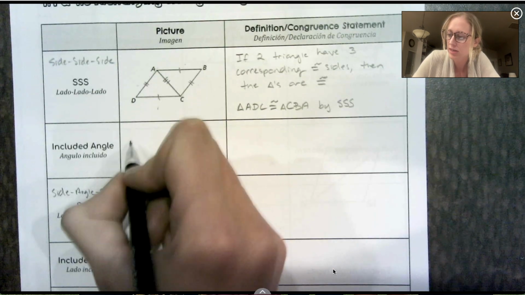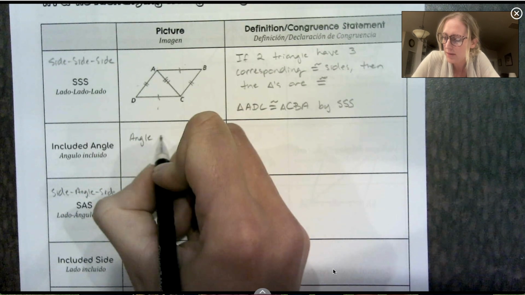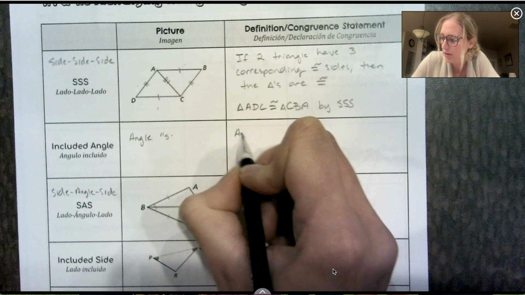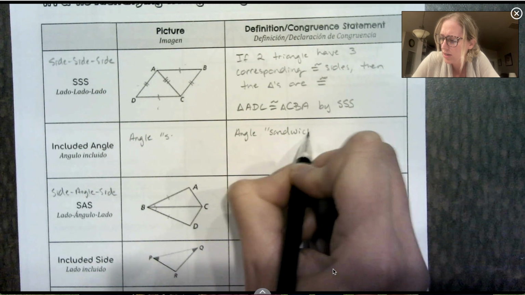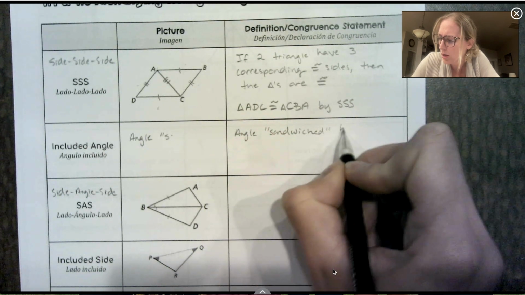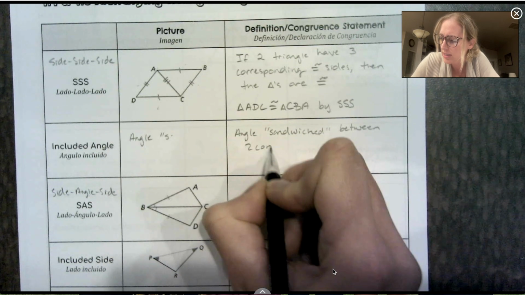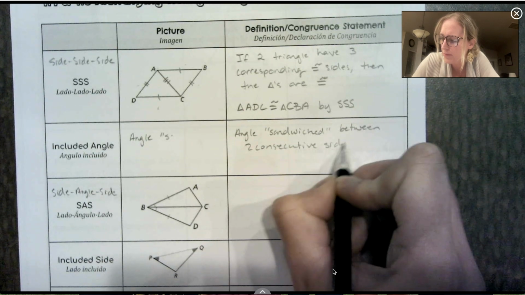So the included angle is, I'm going to say, sandwiched between 2 consecutive sides. That means one after the other.